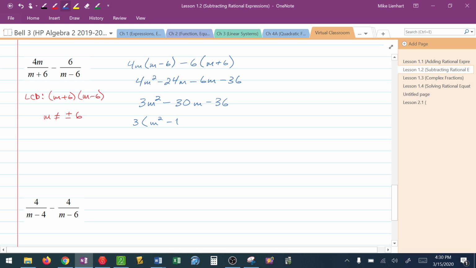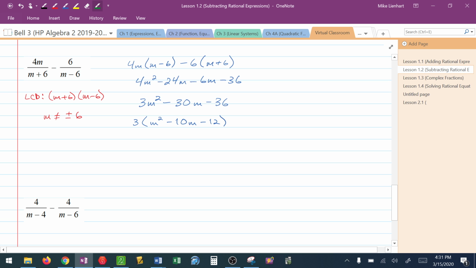M squared minus 10m minus 12. So let's think here. Any factors of 12, negative 12, that would add to give me negative 10. So I'm thinking 1 and 12, nope. It'll be 1 and negative 12, sorry. 2 and negative 6, nope. 3 and negative 4, nope. There it is. That's as simplified as I can go.